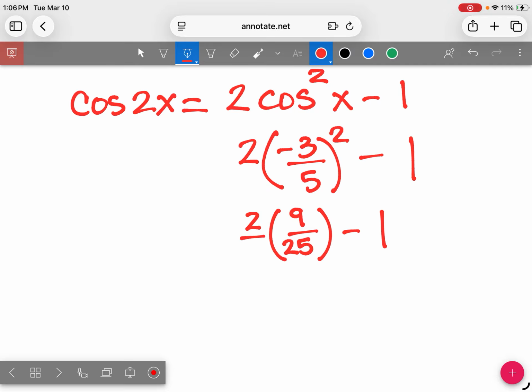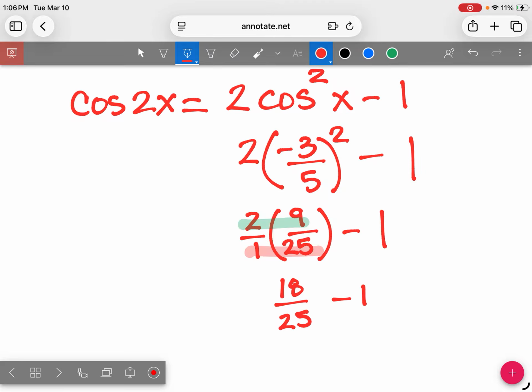Now the next thing is multiply. So let's go ahead and multiply our fraction. So we're going to multiply 2 times 9 and 1 times 25, which will give you 18/25 minus 1.